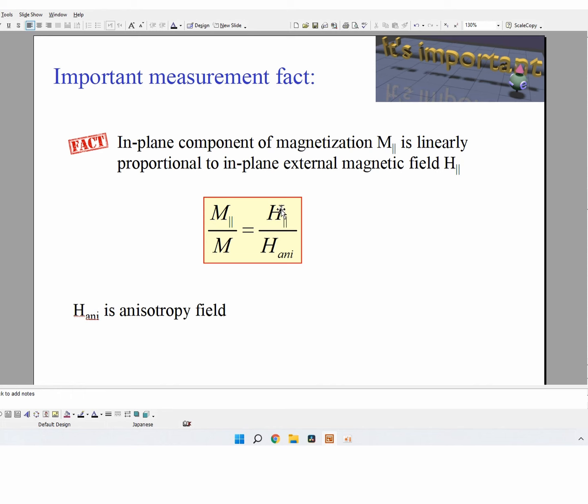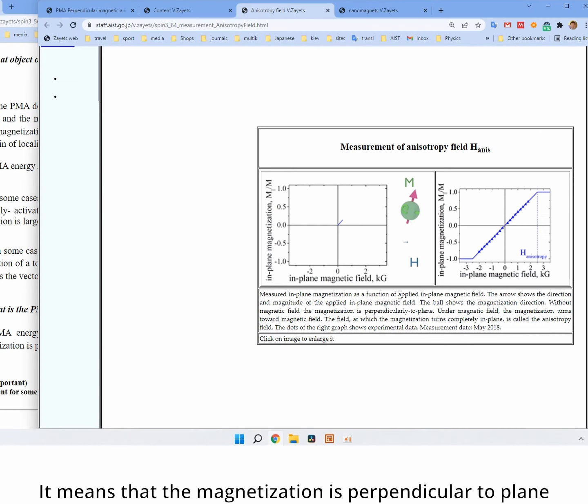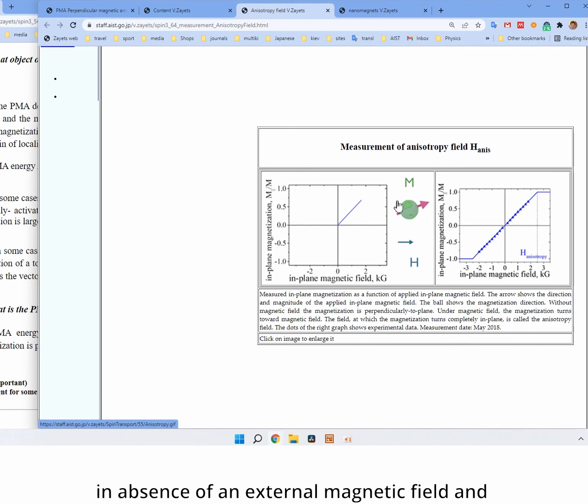This is the in-plane magnetic field, and this is the proportionality coefficient, called the anisotropy field. It means that the magnetization is perpendicular in absence of external field, and it tilts towards the field, so the magnetization component along the field is linearly proportional to the field.